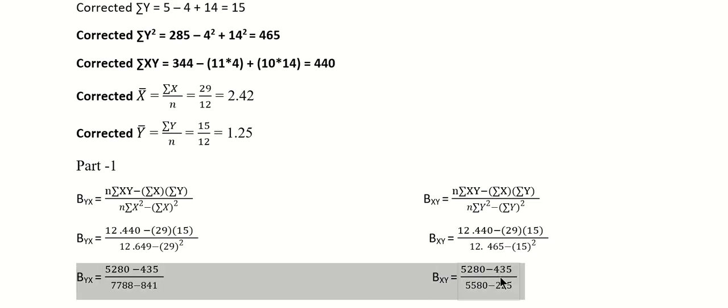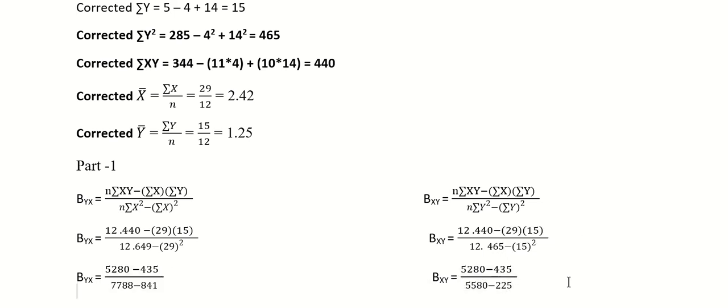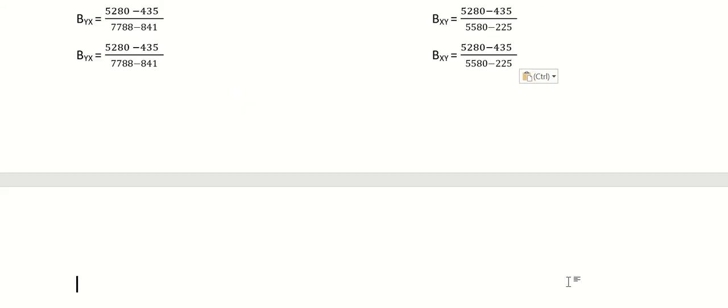Ma'am, in numerator it is 4840. Just a second. So in numerator we got 4845, right? So this is 4845 divided by 7788 minus 841, that is 6947.